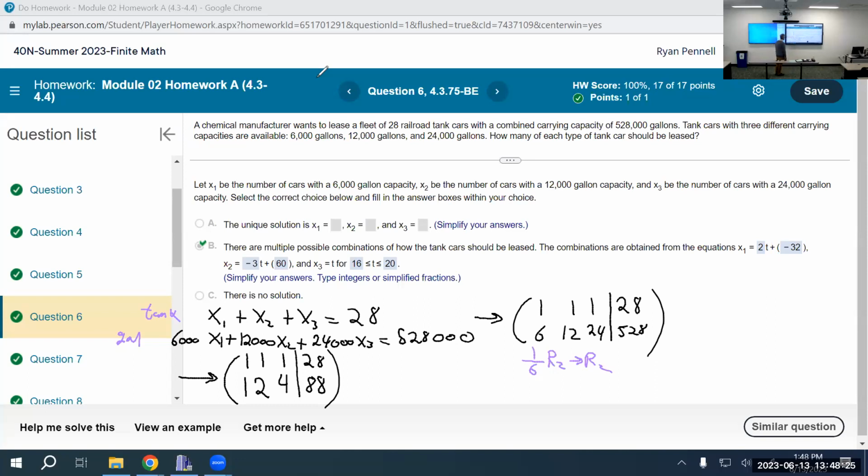Now, let's try to solve this thing. So what do I do? How do I get that 1 to become 0? Well, I could do -1 times row 1 plus row 2.